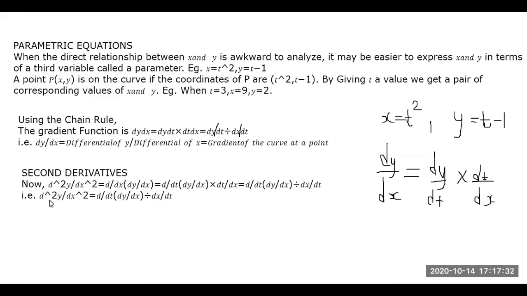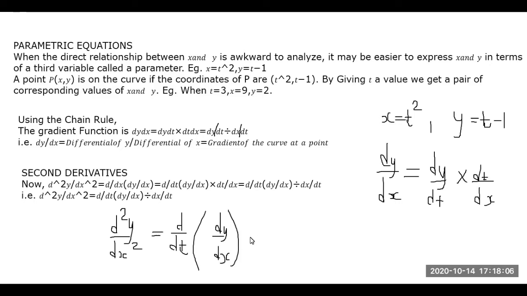Then the second derivative is d2y by dx squared. How do we get it? The second derivative of a parametric equation is given by a simple formula: d2y by dx squared is equal to d by dt of dy by dx, divided by dx by dt.